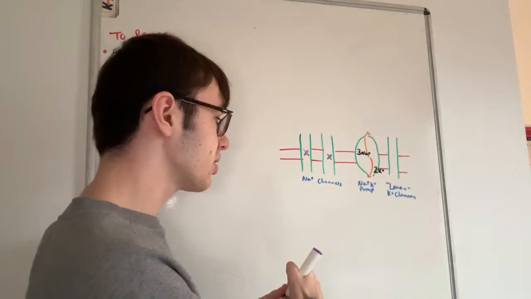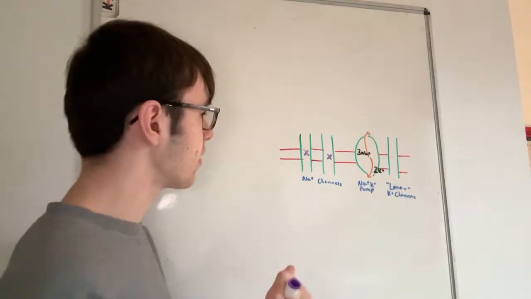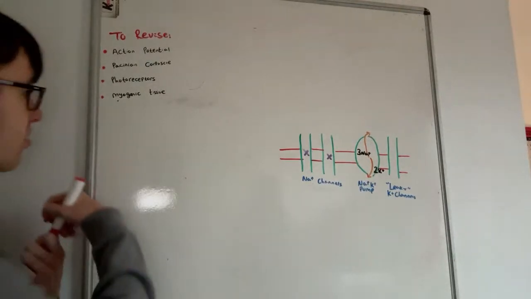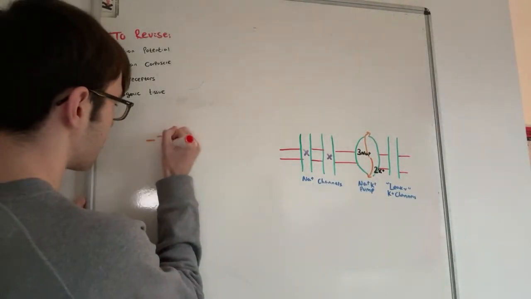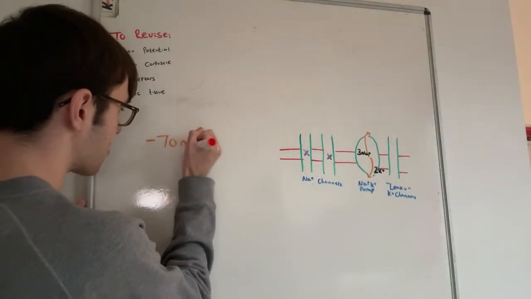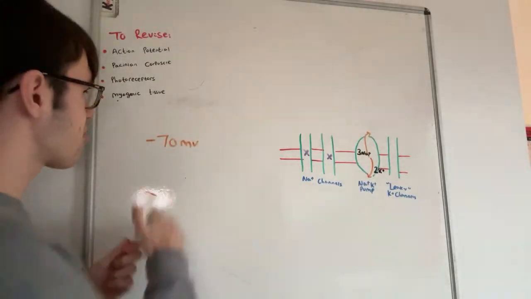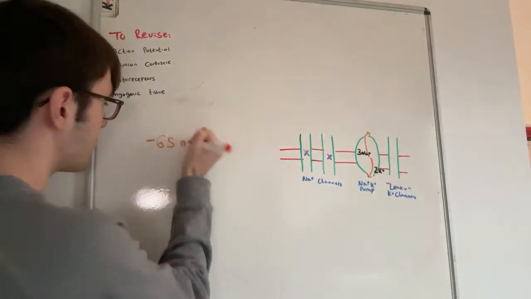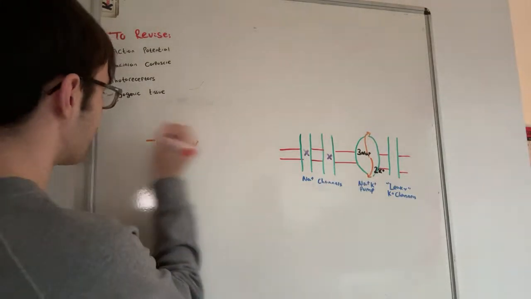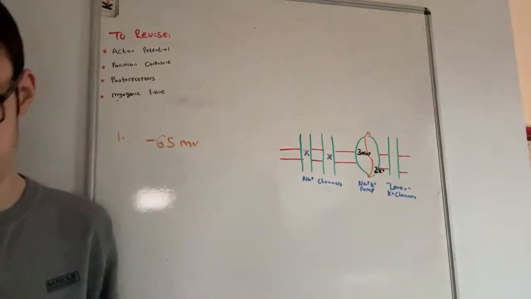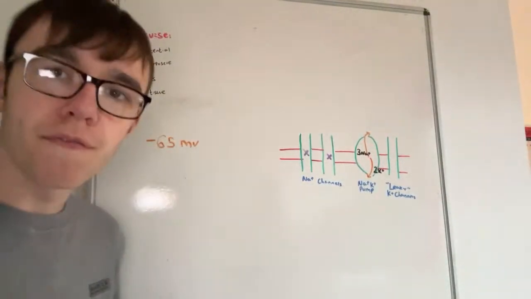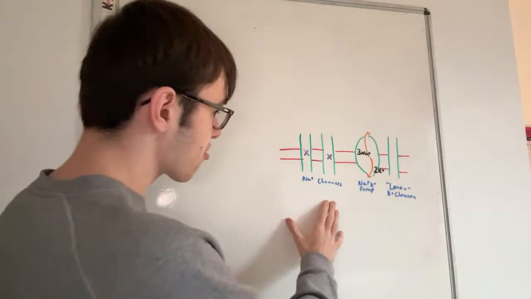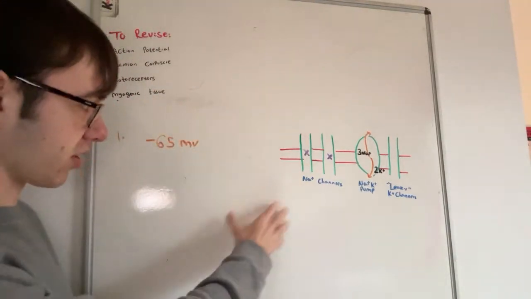So basically, the idea you need to get for this first stage is that it's very polarized. It's minus 70 millivolts. Some people say that it's minus 65, so we'll go with that, but I think either works. So to begin with, it's minus 65 millivolts. This negative potential is maintained because the sodium ion channels are closed.